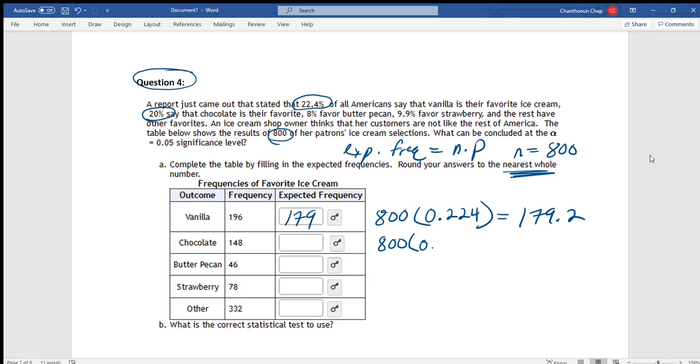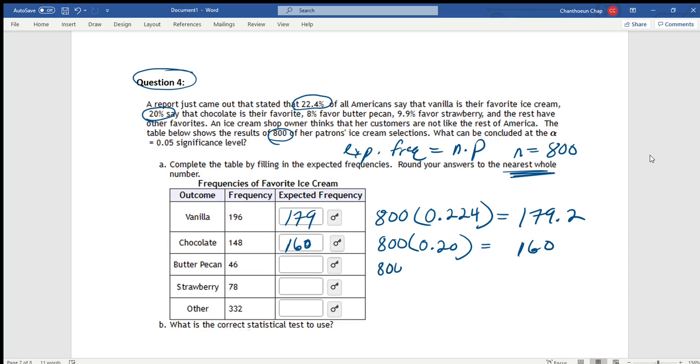For chocolate, we'll take 800 and multiply it by 20%. 20% is 0.20. 800 times 0.20 is 160. So we expect 20% of those patrons to prefer chocolate, and that's 160. 160 out of 800 are expected to prefer chocolate.